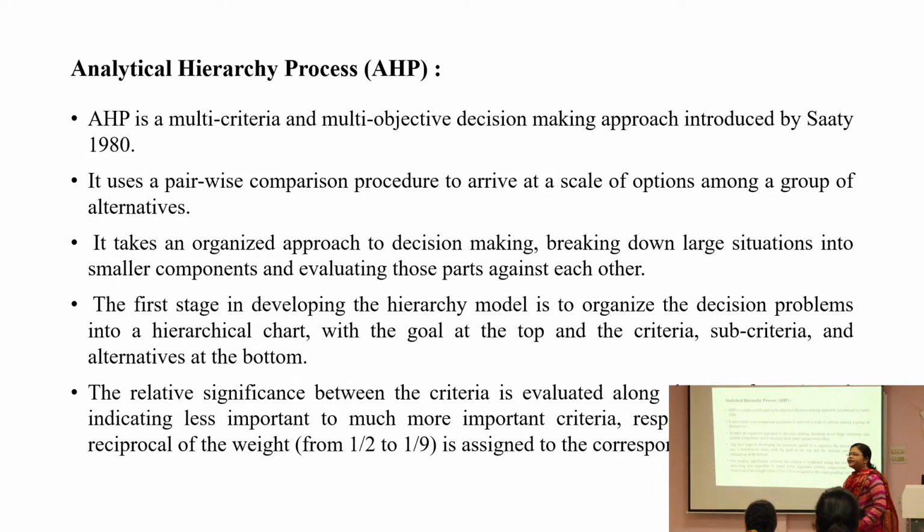Next, what is the AHP technique? So here we have used the AHP technique. So what is AHP? AHP is a multi-criteria, multi-objective decision making approach. So we have a number of parameters. So how can we decide which parameter is sensitive for the hazard?